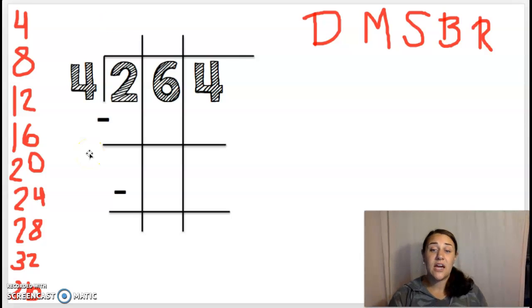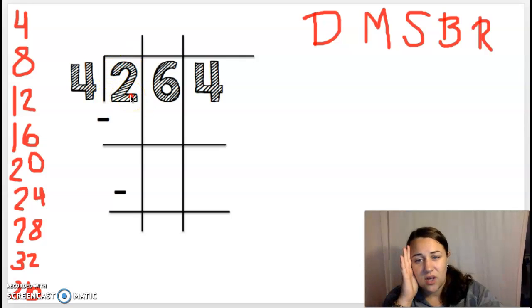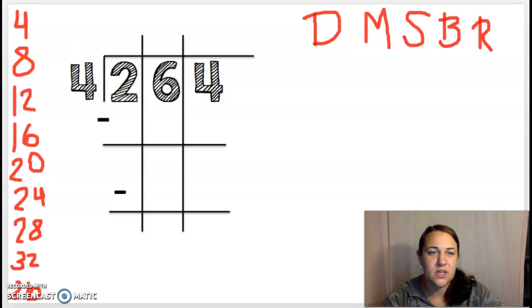Okay, so now I'm all set up. Now I can start my first step in long division. And my first step in long division is Dad tells me to divide. So I have to take this 4 now and divide it into my first digit, my first place value. We open the door, we see the 2. Now, 4 can't go into 2 because look, our first multiple is bigger than 2.